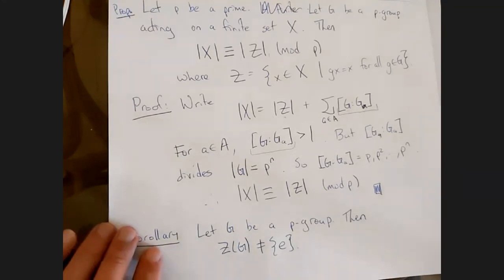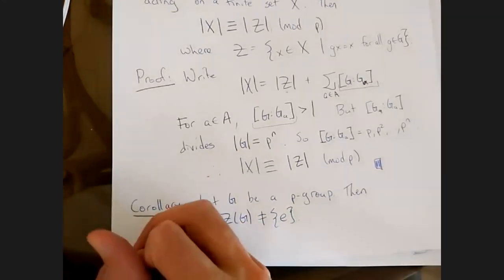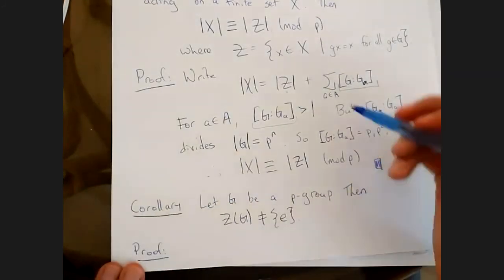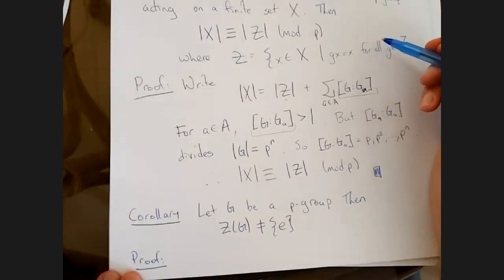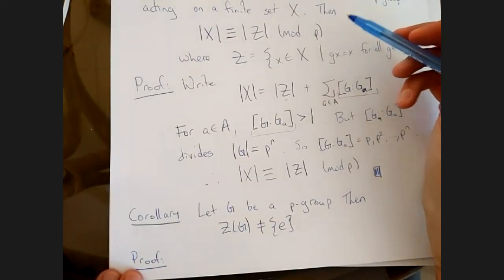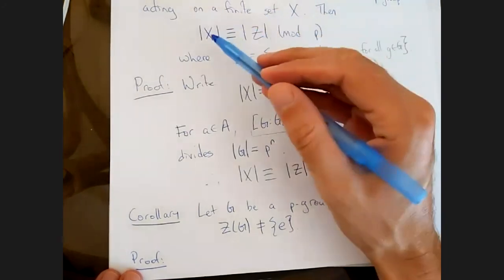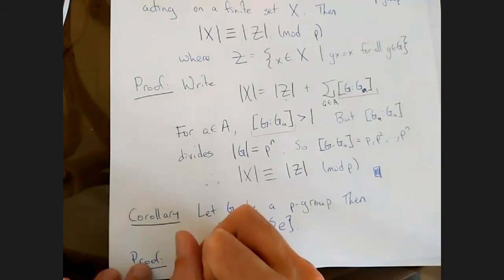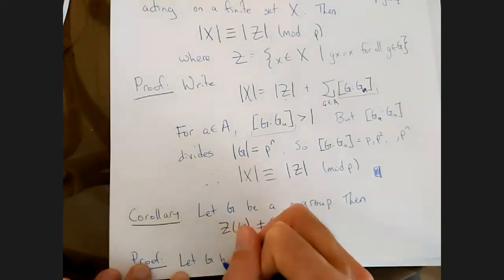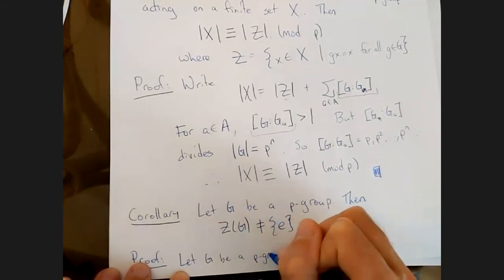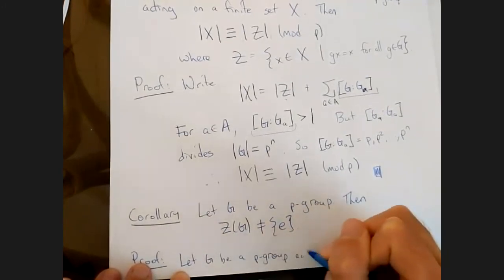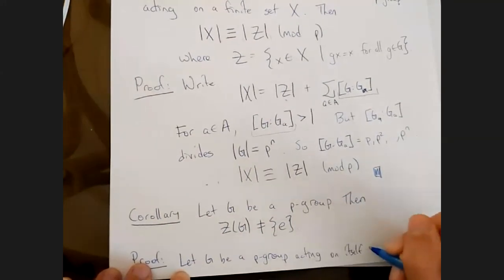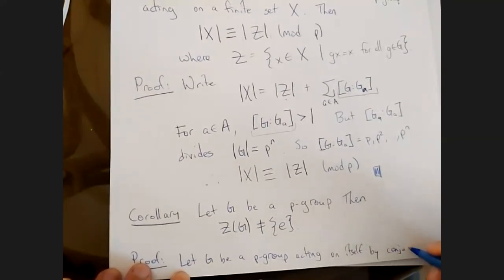Okay, so how do we prove this? Well, it's a corollary, it shouldn't take long. We just apply this proposition to the case where G acts on itself by conjugation. So let G be a P group acting on itself by conjugation.